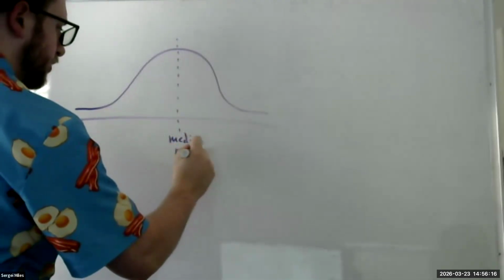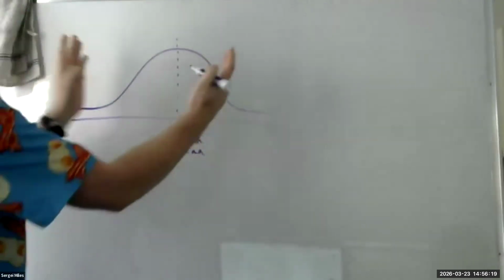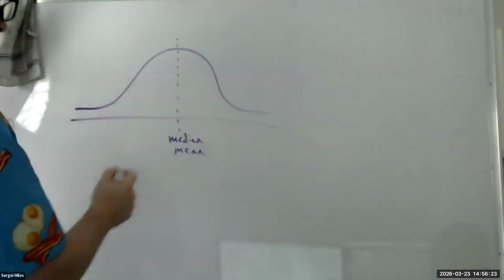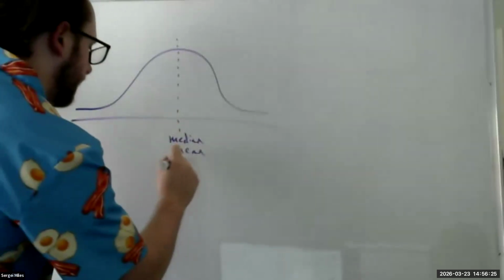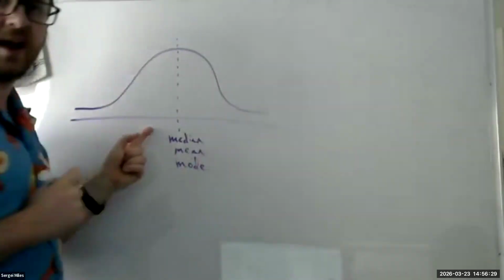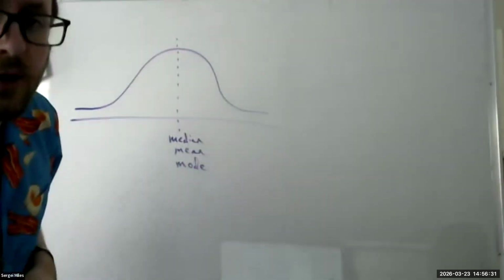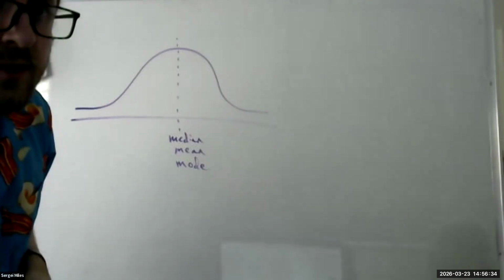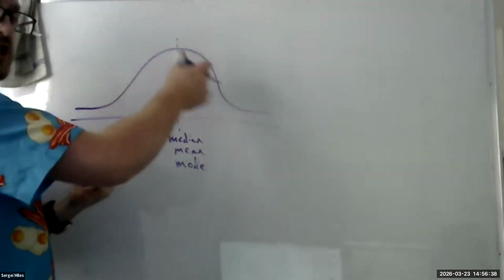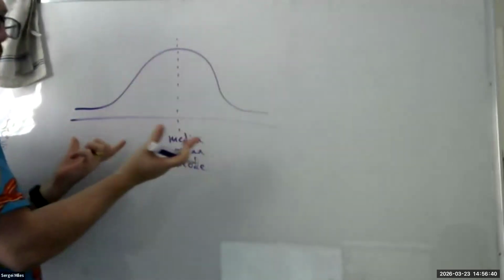Our mean should also be here in the middle, where the data is clustered together, this central tendency. The highest peak, if it's the highest frequency, could also be the mode. So we have the median, mean, and mode all together here in the middle when we're dealing with this kind of hill-shaped frequency distribution.